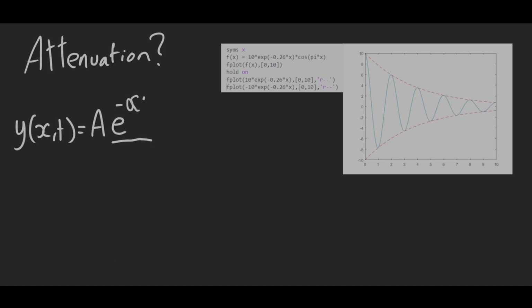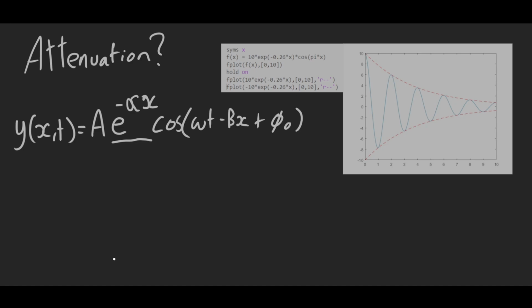Not alpha z, alpha x in this case. And same as before, cosine omega t minus beta x plus phi naught. The only thing that's changed here is that exponential term there.